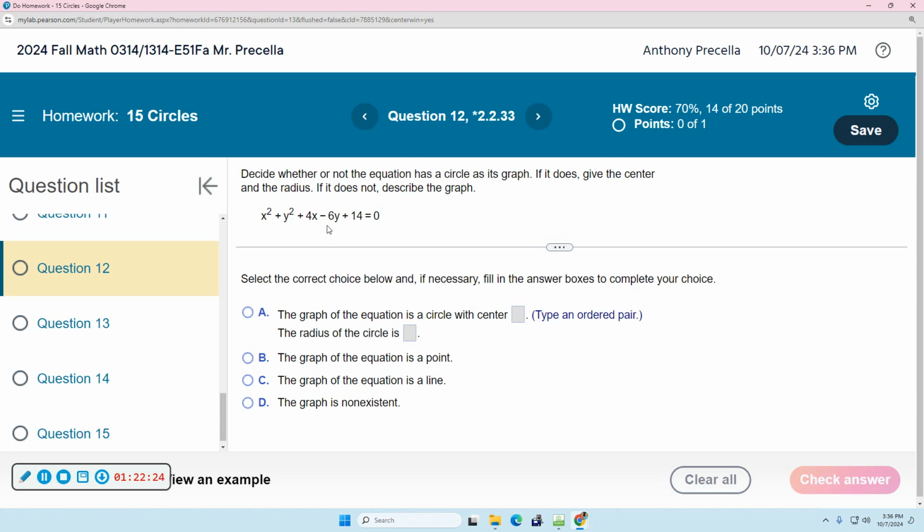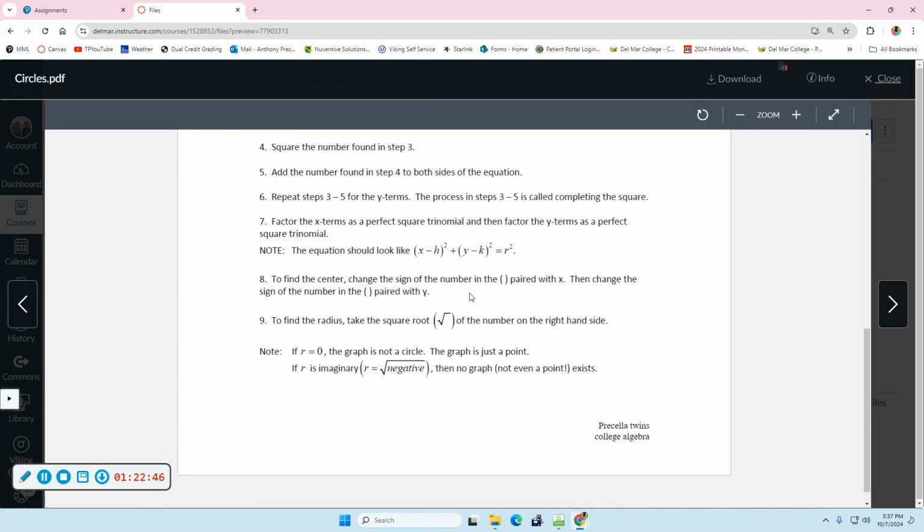The only way you can decide if this equation represents a circle is to write it in center radius form first. So the first thing we're going to have to do is write it in center radius form. And then we'll be able to make a decision on whether it's a circle based on the radius value.